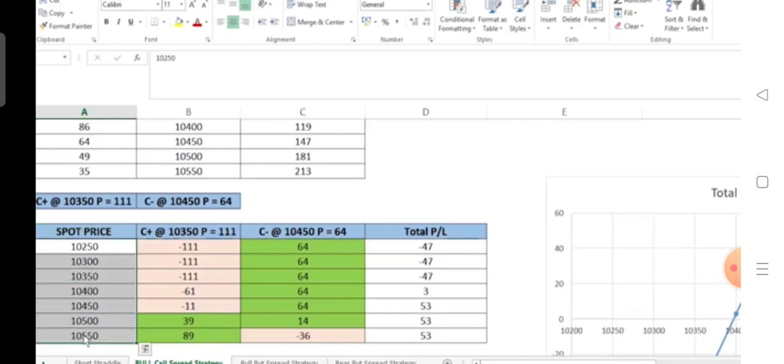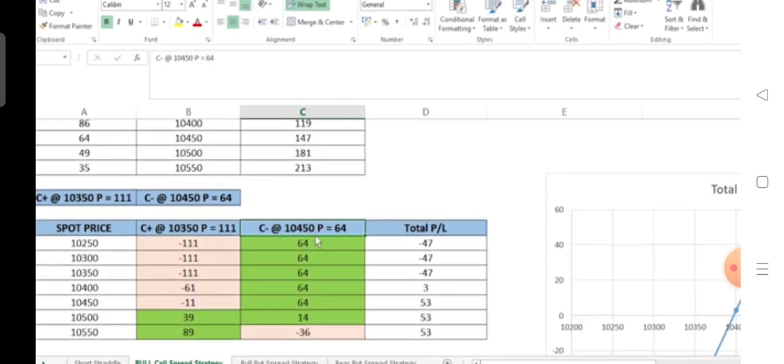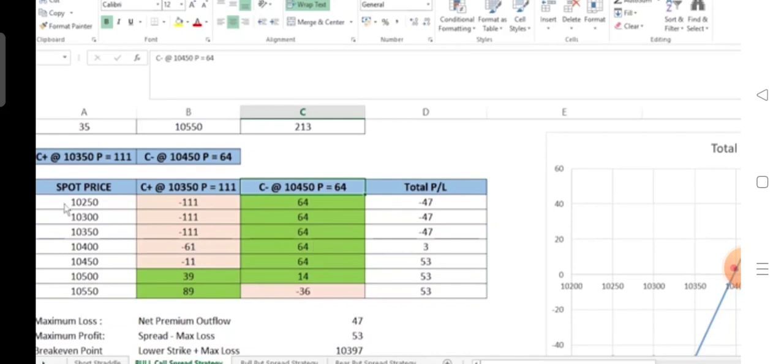We can see different spot prices. So say on expiry, we are considering different spot price scenarios. What happens to our C plus at 10,350 and what happens to our PL with C minus at 10,450.